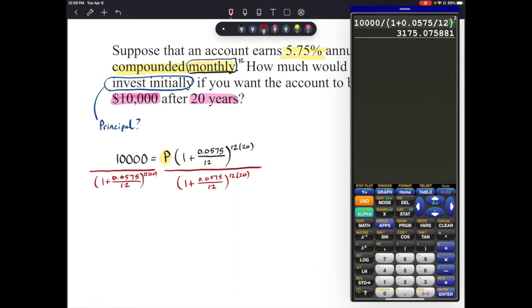And you'll see that the initial investment that we would have to have would be $3,175. And it looks like we'll have to round that up to 8 cents, because if we leave it at just 7 cents, we would not get to our 10,000. So that would be our initial investment, $3,175.08.